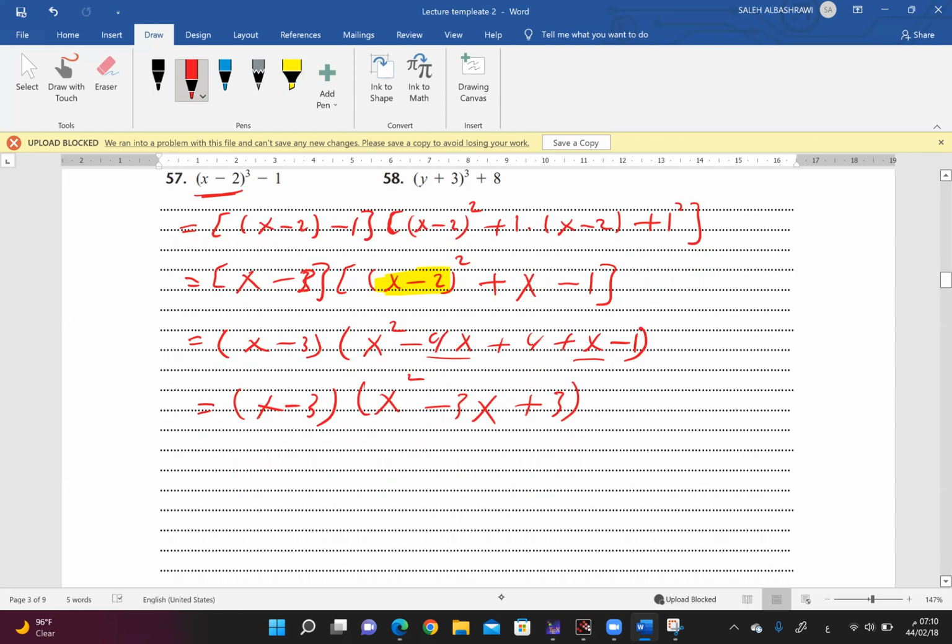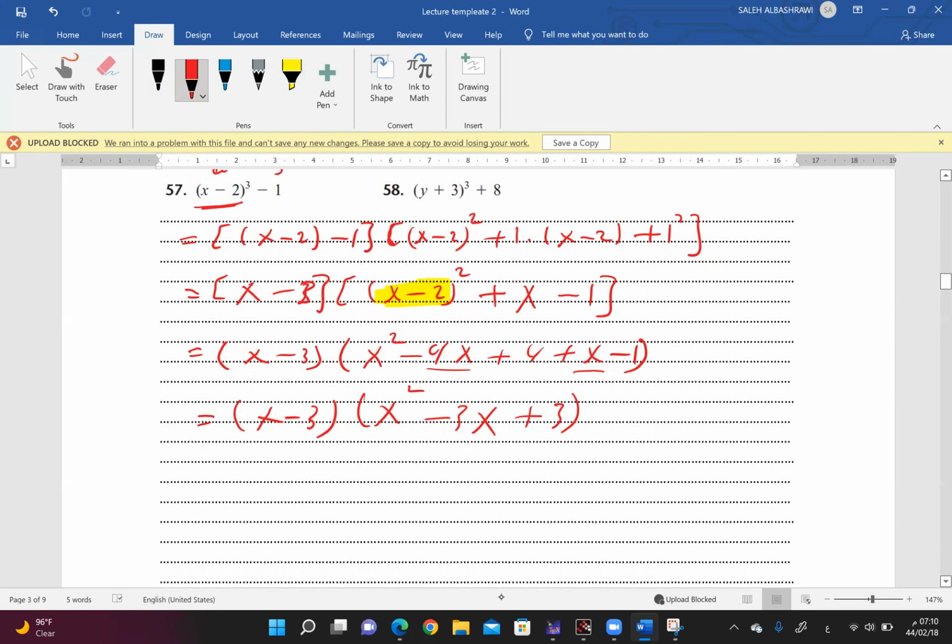For number 58, we can do the same thing. I have y plus 3, to the power 3, plus 8. 8 is 2 to the power 3.